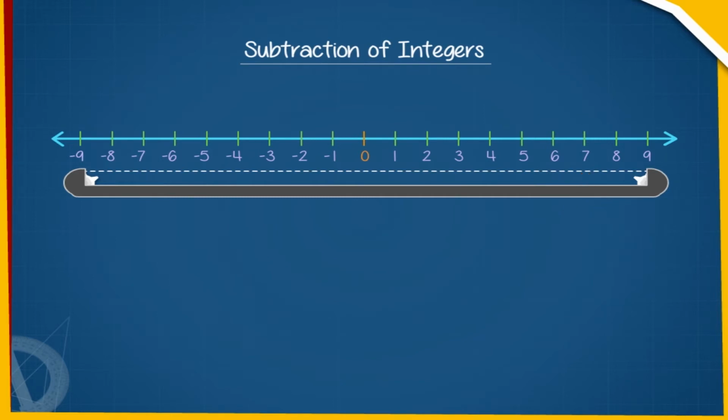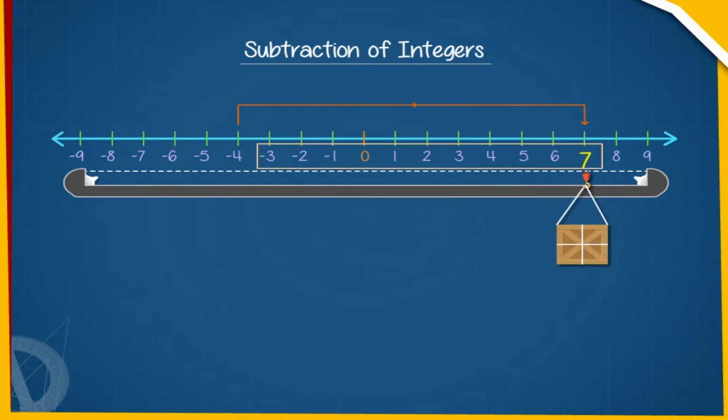Now, if we have to subtract minus 4 from 7, we will write it as 7 minus minus 4. On the number line, we will count numbers from minus 4 to 7 to get 11.